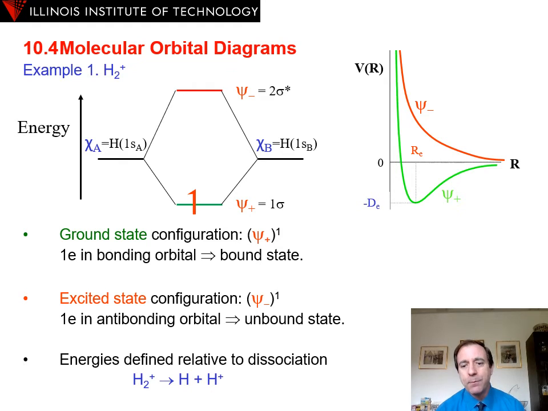What we didn't see when we looked at the bonding part in valence bond theory was the anti-bonding part.